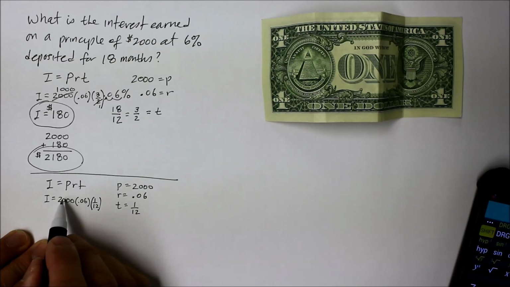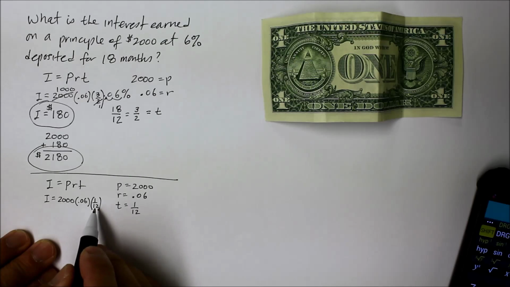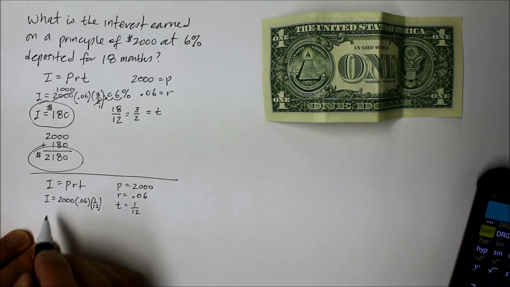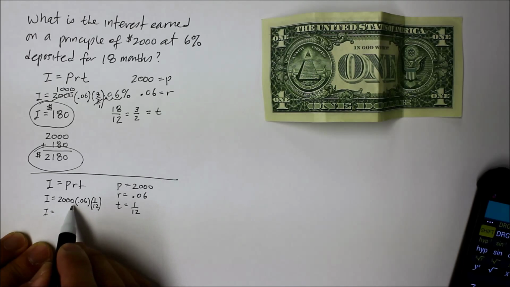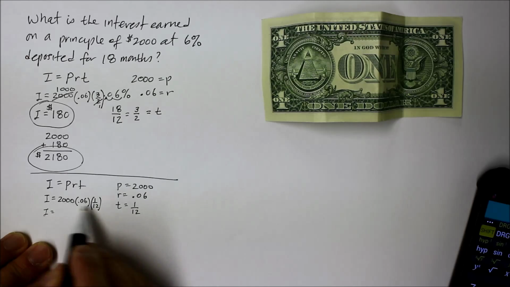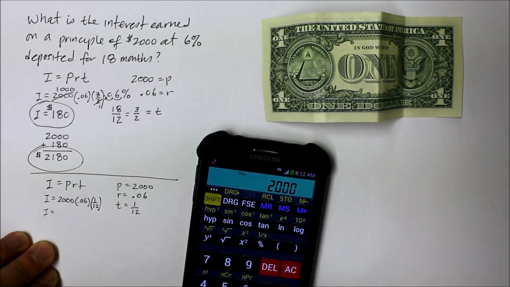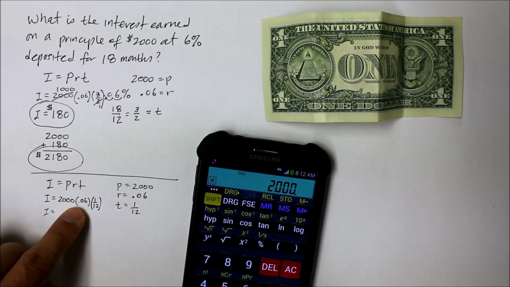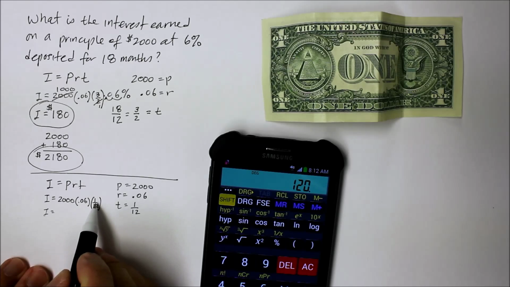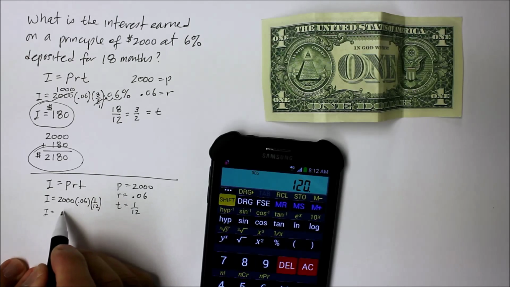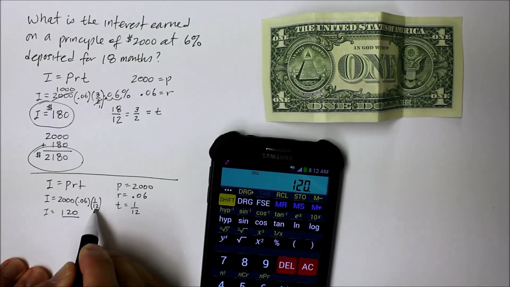So $2,000 goes in there, times the rate 0.06, times the time 1 over 12. This time I'm not going to cross cancel because I don't think the 12 denominator goes evenly into $2,000. So I'm going to just take all the whole numbers and numerators and multiply across. According to this calculator, $2,000 times 0.06 is 120, and 120 times the numerator 1 is just 120, and divide that by 12.